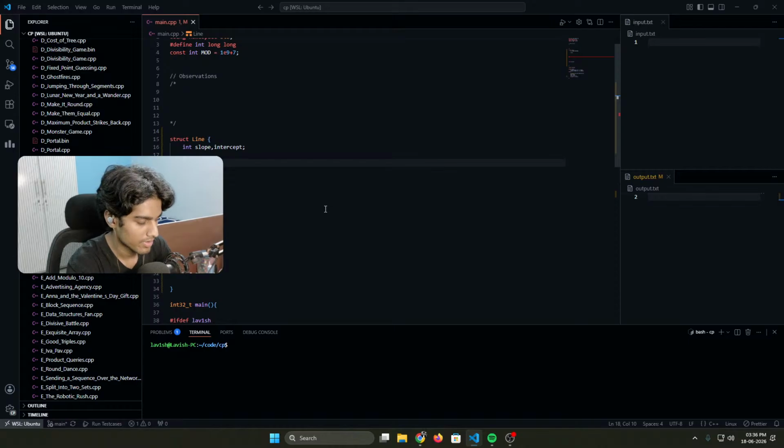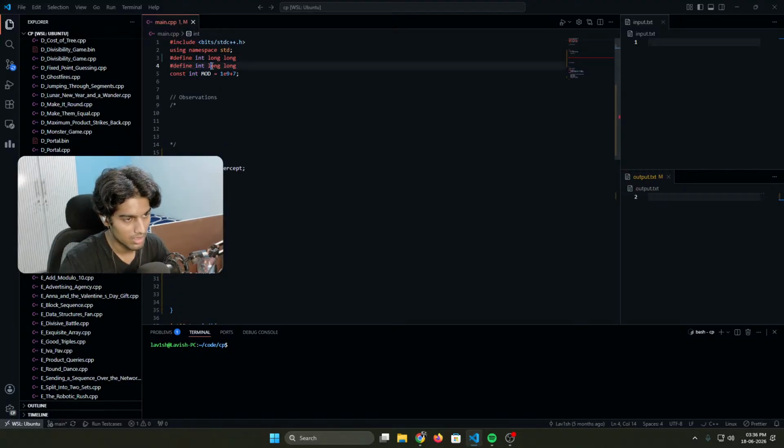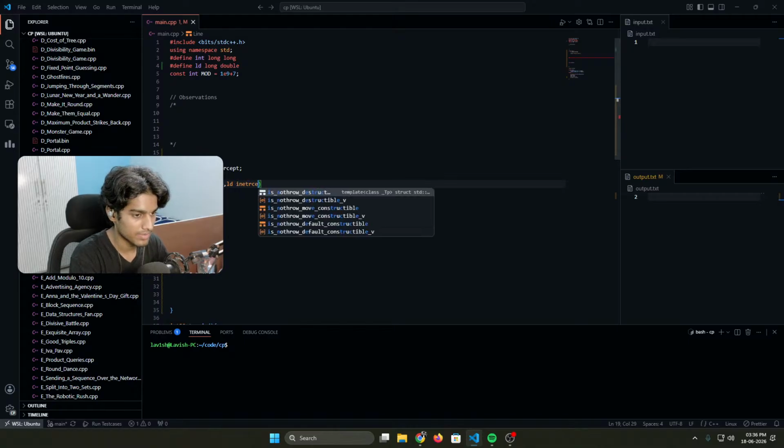Let's define long double, just to be safe. Let's make it LD. So we have a slope and we have an intercept.